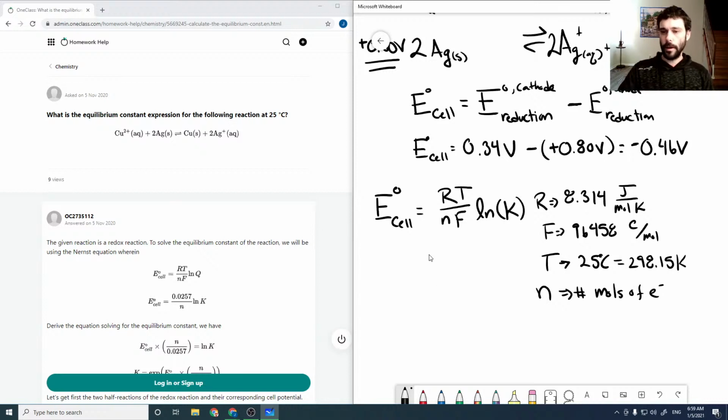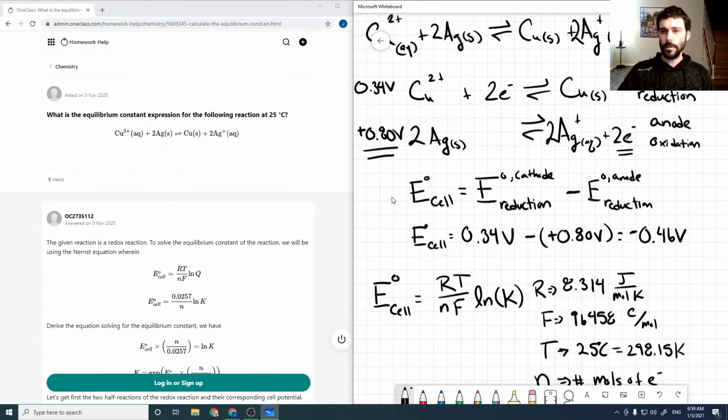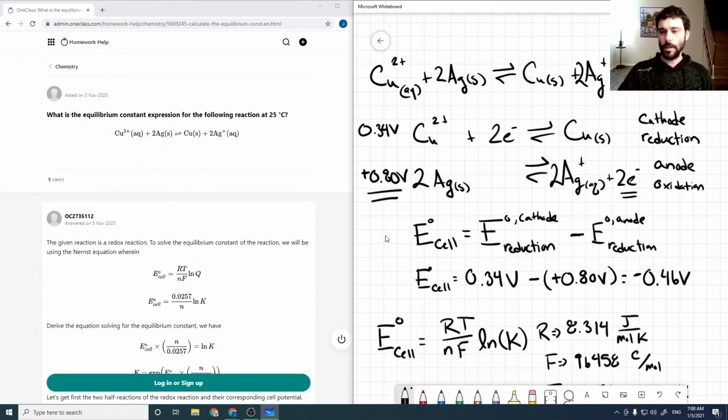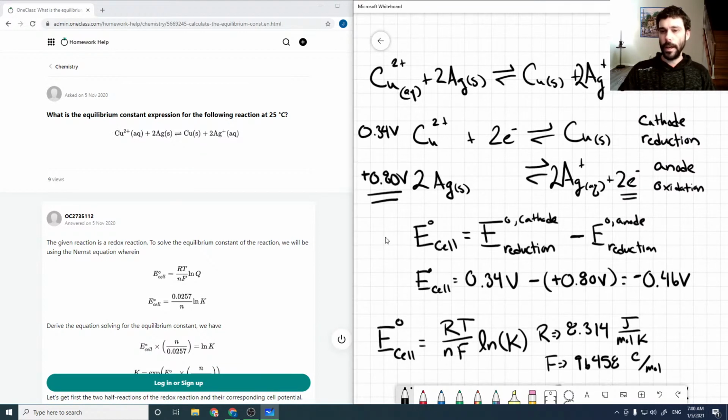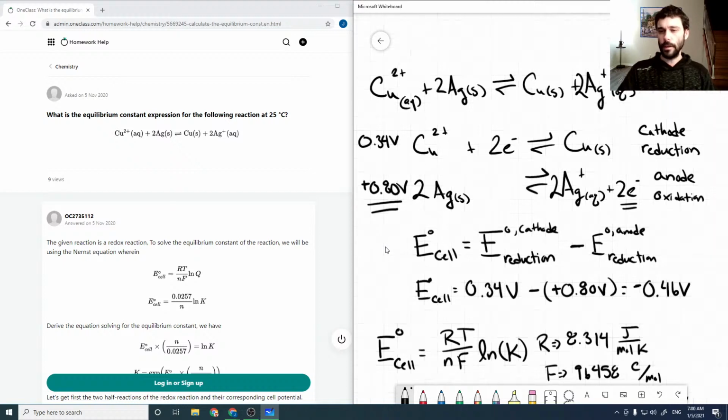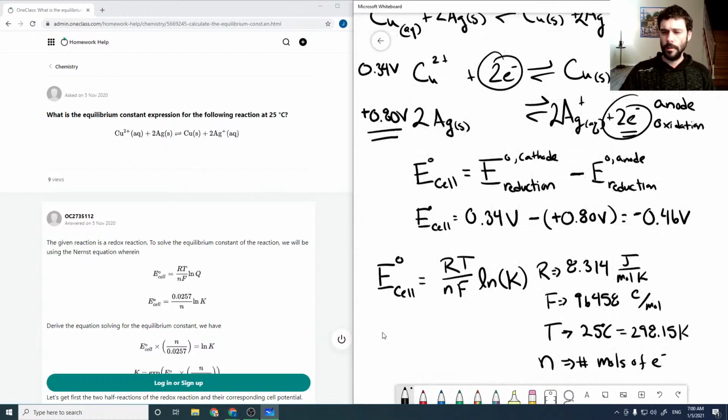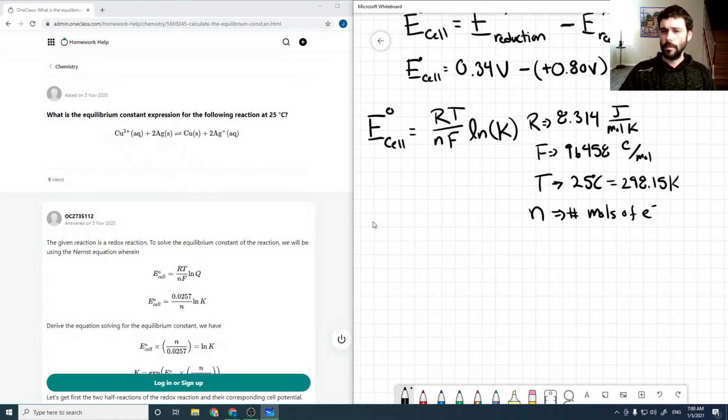So here is where I mentioned we don't do anything with our standard potentials, and it'll be taken care of later. This is the later. So we can see here that 2 electrons are transferred. So N is 2.